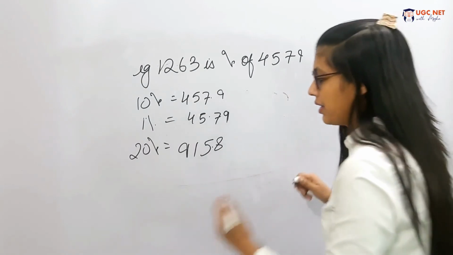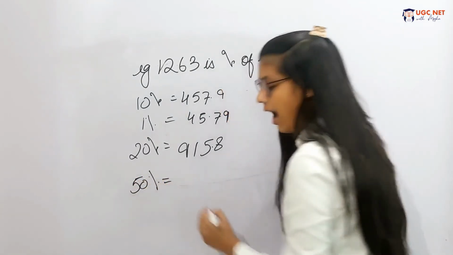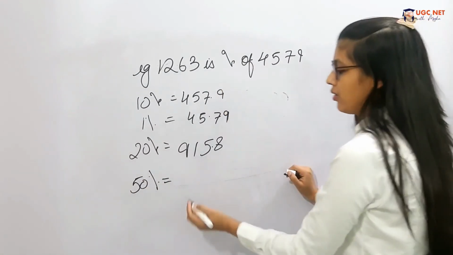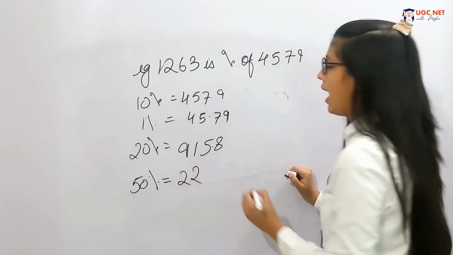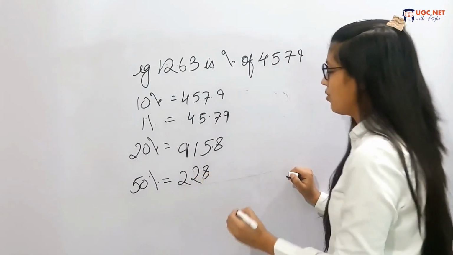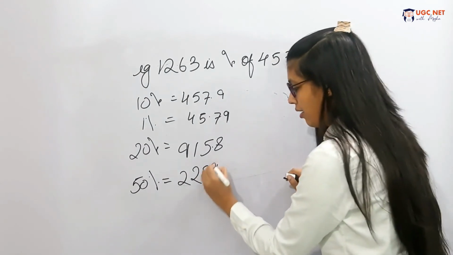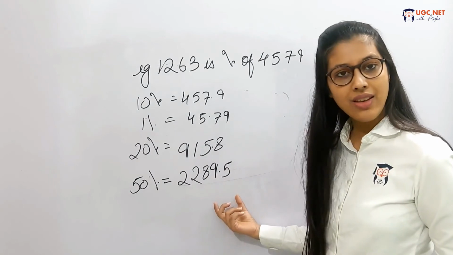given figure. Now for 50%, you simply need to divide it by 2, that is half of it. So divide it by 2: 2 2s are 4, then again 2 2s are 4, and since it is 17, 2 8s are 16, 2 9s are 18.5. So 2289.5 is the 50%.